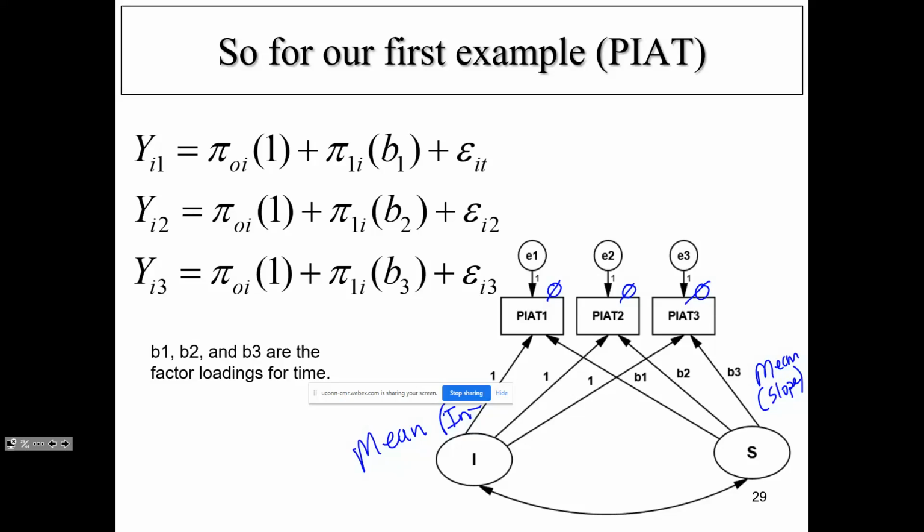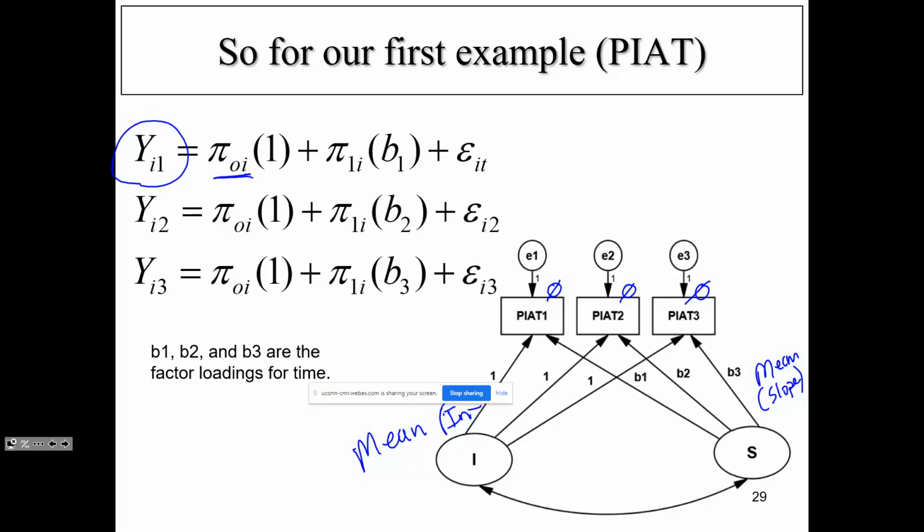So if you think about it, a person's score at the first time point is a function of the intercept mean, actually. So this is going to be the mean on this latent intercept. I can probably make this less confusing.